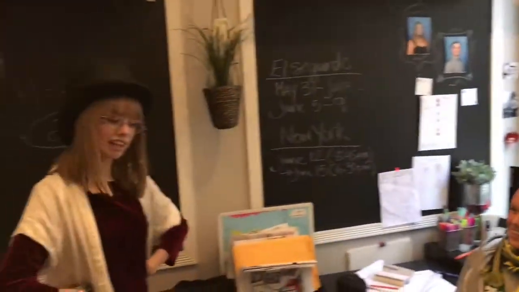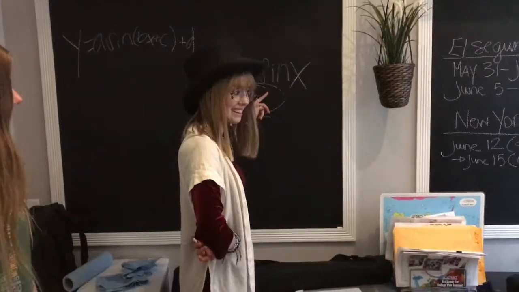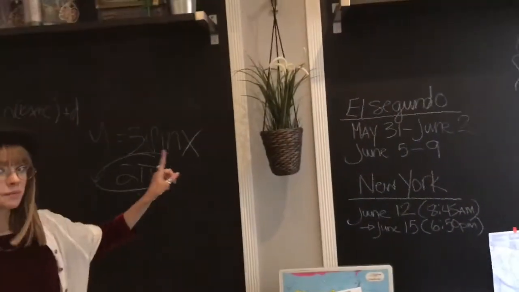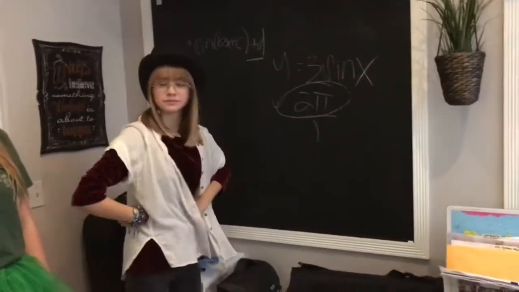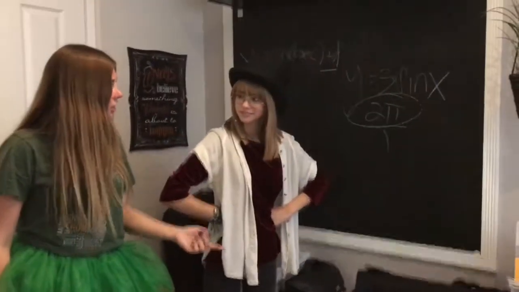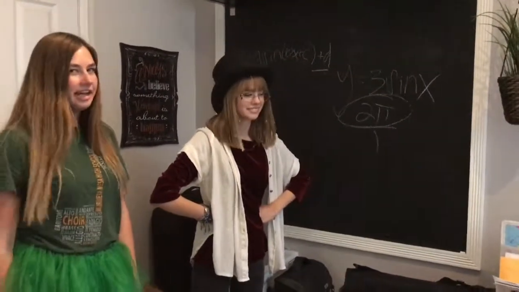Yay! Alright, let's start our midline positions. But how do we know where that is? Well, let's look back at our original equation. y equals 3 sine x. Yes, that one. Okay, so our midline is y equals d, and d is the vertical shift. Okay, I think I get it now. Wait, I don't.